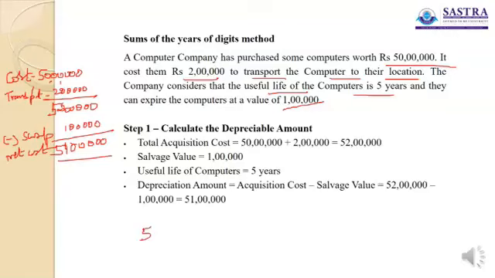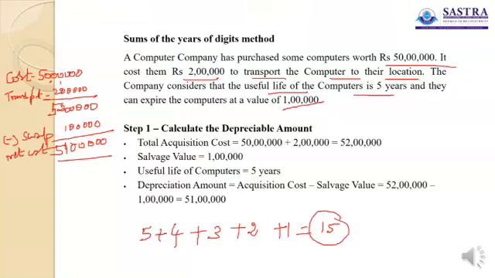In the second year to last year, remaining is 4. Third year to the lifetime end, 3 years. Fourth year, 2. And fifth year, 1. So the total sum of the years' digits is 15.